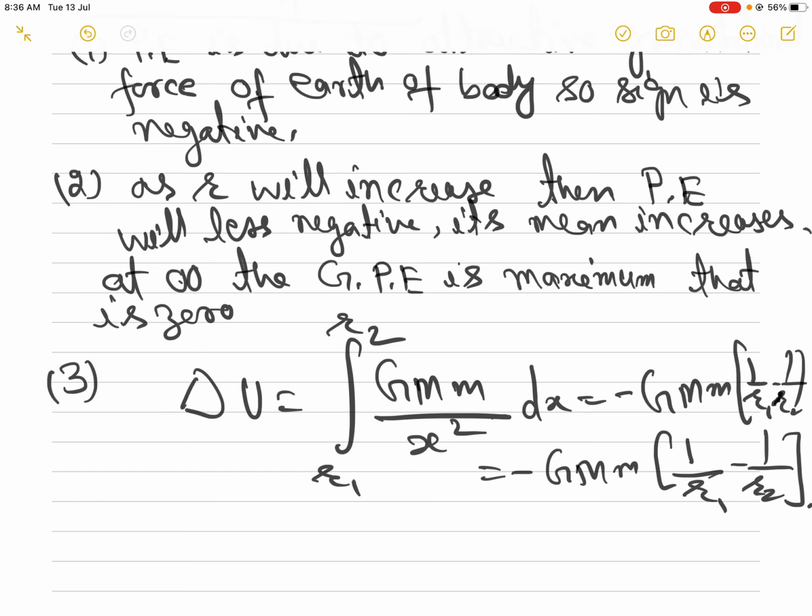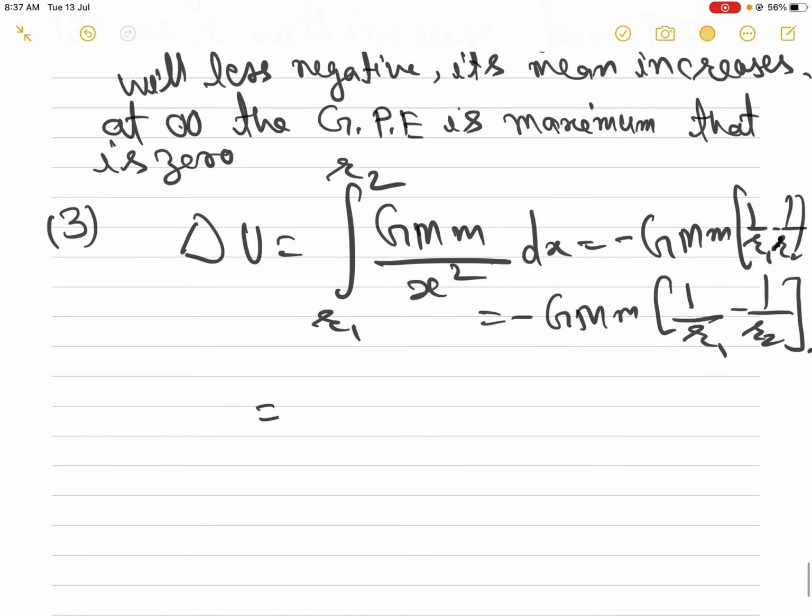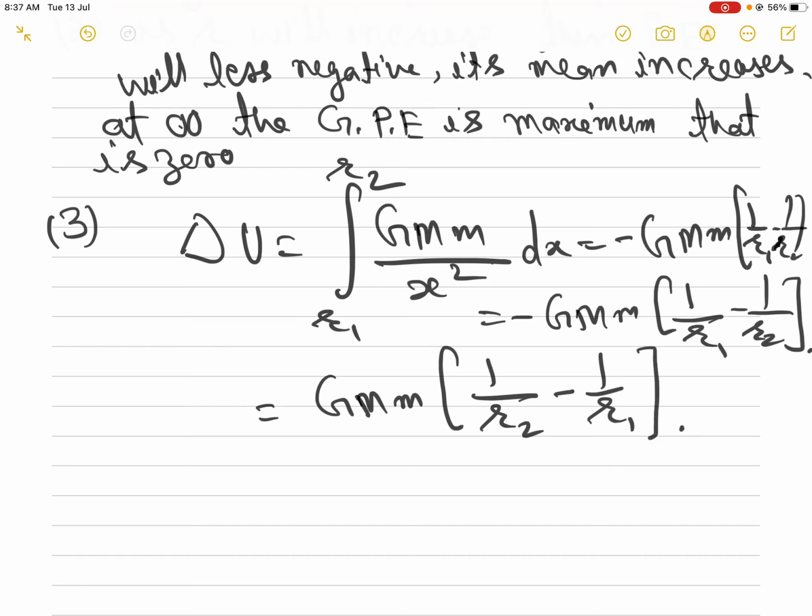Now in this way we can write, let r1 is equal to r, radius, the body is at the surface of the earth, and body goes up to height h.